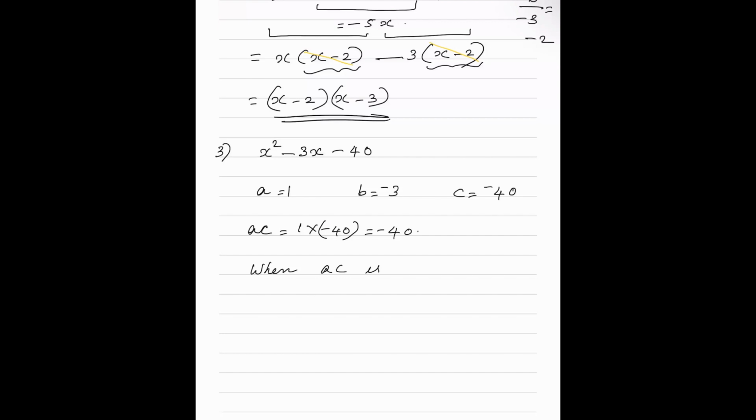When AC is negative, one of the factors is positive and the other factor is negative.